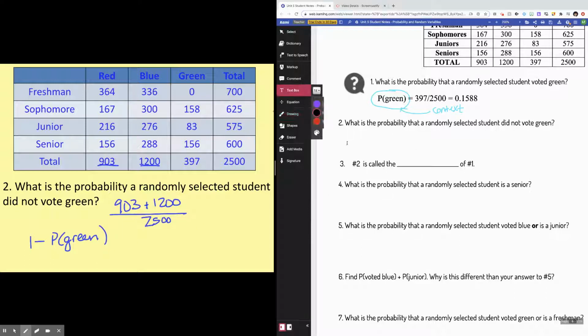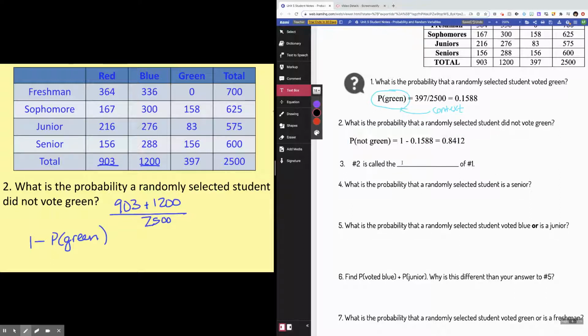So when you're writing this out, this is the probability of not green, and I'm typing, so I'm writing the word not out, but you can use the complement notation. That's fine. So that equals 1 minus 0.1588, which is 0.8412.